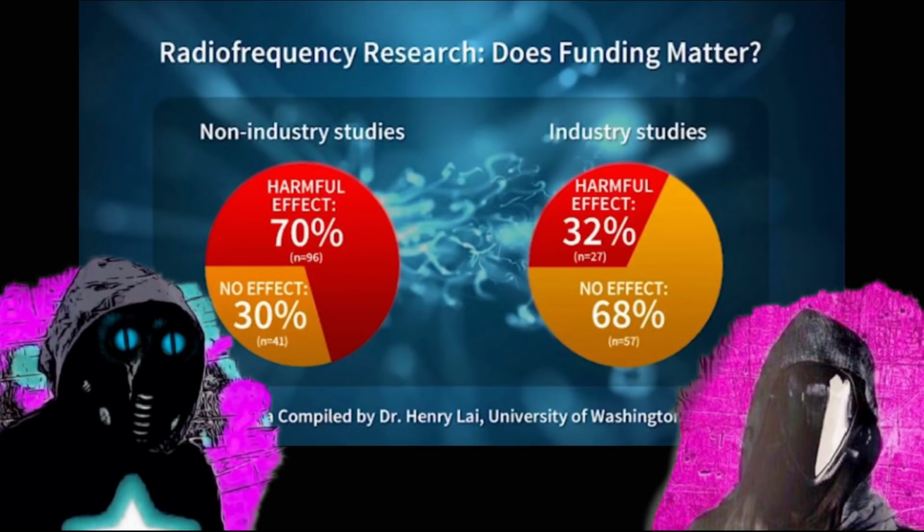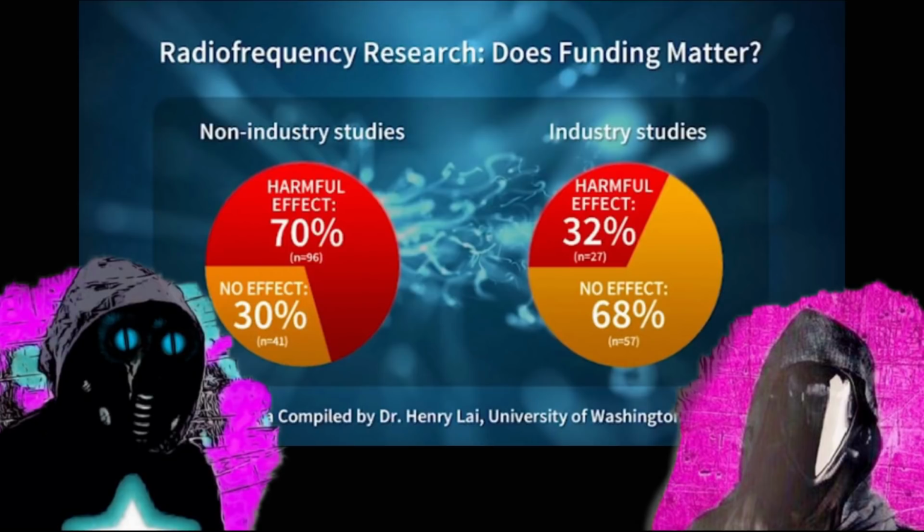70% of the non-industry funded studies found EMF exposure to be harmful to humans, while on the flip side, 68% of the industry-funded studies found just the opposite, that it has no effect on humans.